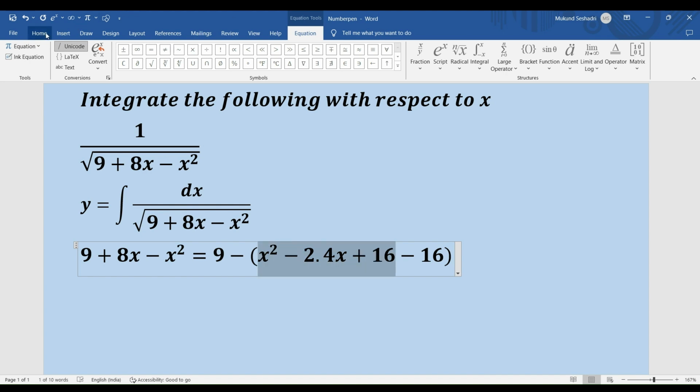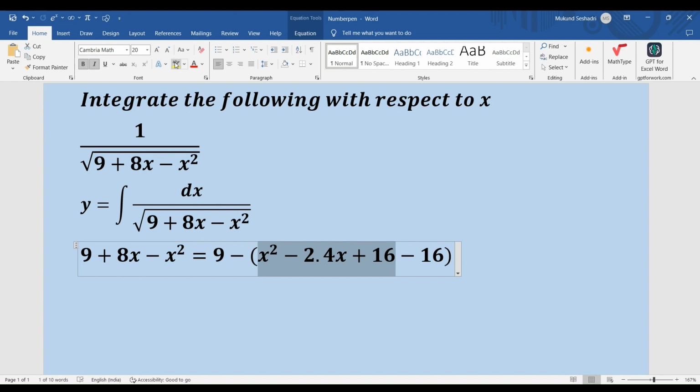Let me highlight this in yellow. And why can I combine this? Because I know that this particular expression in yellow is nothing but an x minus 4 the whole square, right? And why is it x minus 4 the whole square? Because a minus b the whole square is a square plus b square minus 2ab. And therefore, when I rewrite this, what do I get?